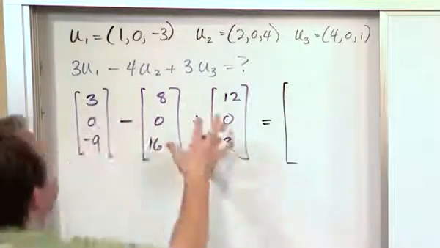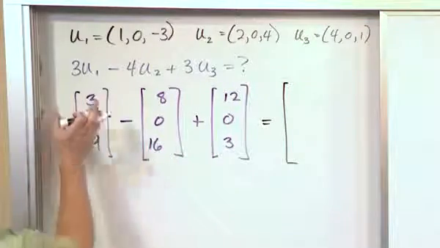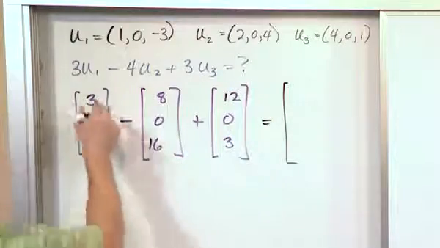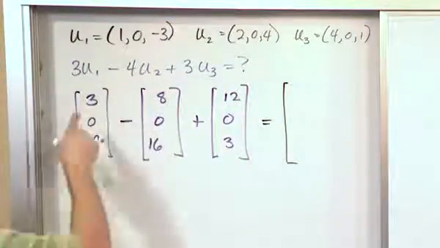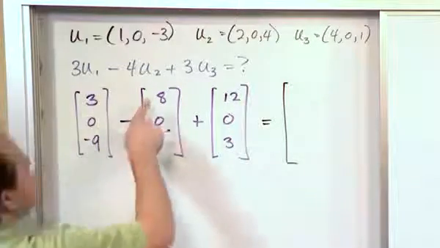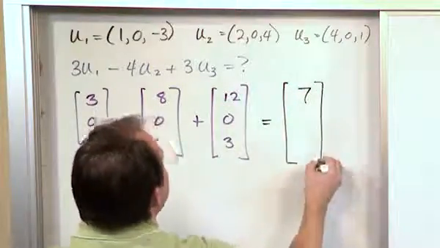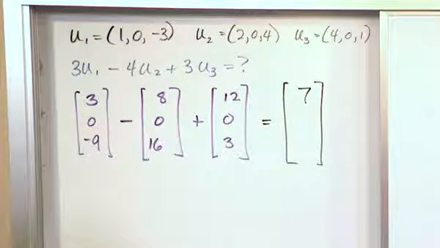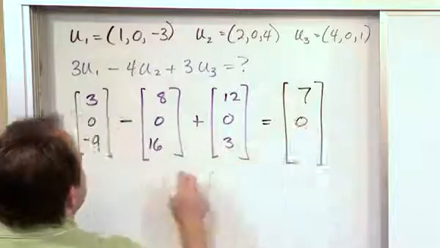Notice that the dimensionality is perfectly fine to add or subtract these, because we have the same rows and columns in each. So we operate on each respective element. 3 minus 8 is -5, and -5 plus 12 gives you 7. You see how we just go across doing the operation. 0 minus 0 plus 0 gives us 0.